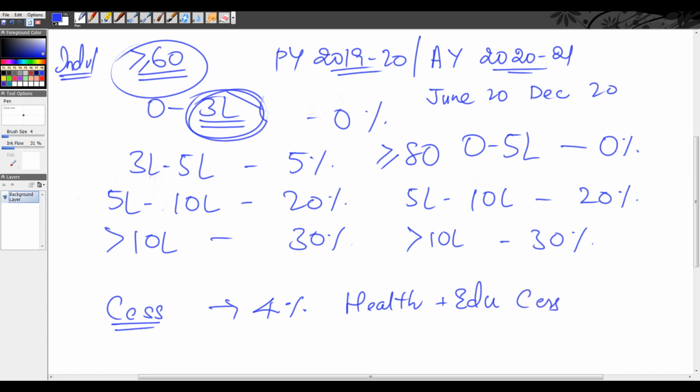That means whatever you pay here, let's say this is X, the amount of tax which you are supposed to pay, on that you'll have to pay 4% again as cess to the government. So this is with regard to the tax. Let us understand the same with the help of an example. So that will be easier for us to remember the slab rate as well. Let us look at one example now.